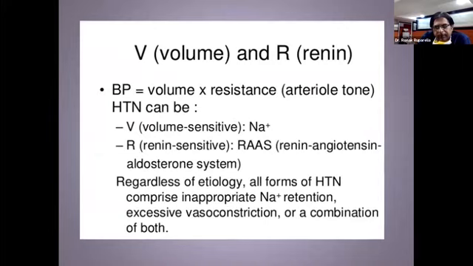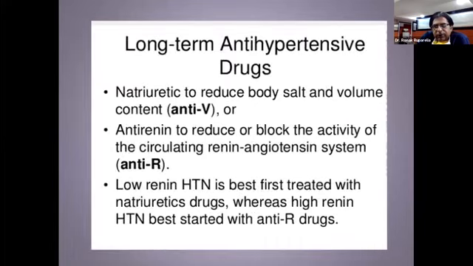Regardless of etiology, all forms of hypertension comprise inappropriate sodium retention or excessive vasoconstriction. So sodium retention or excessive vasoconstriction is the final common pathway for increased blood pressure. We have to concentrate on these two things, sodium levels and vasoconstriction.